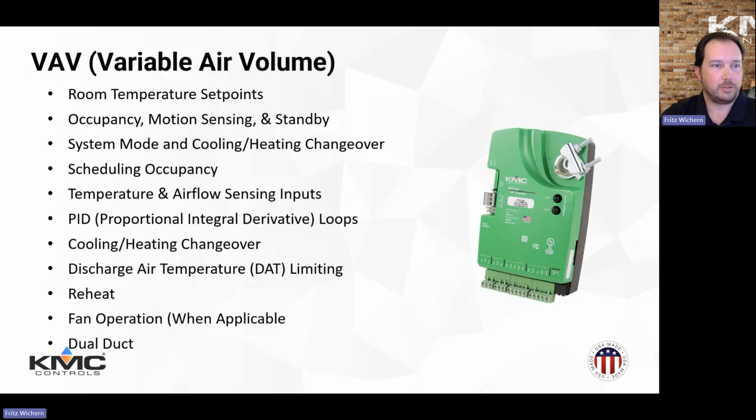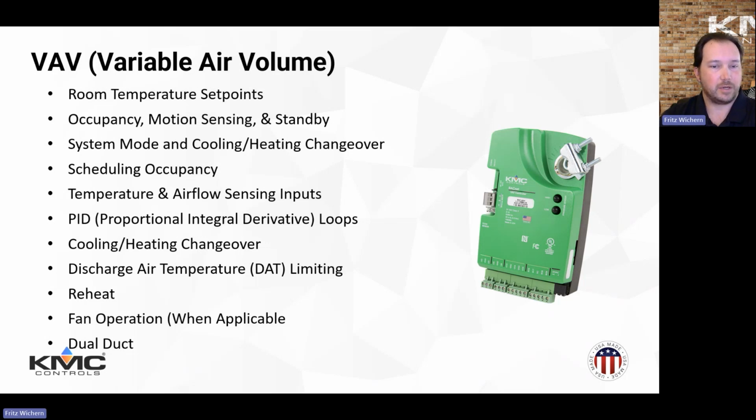We'll jump down here to the VAV profile. Again, pretty straightforward. It can be done with the 9000 series controller that we see pictured here, or you can use it with the 9300 series with the use of an external actuator. Room temperature set points, occupancy, system mode, all occurs and handles the same way.